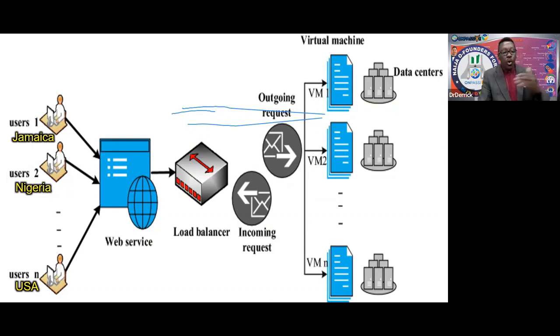Then your outgoing request goes into what is known as a virtual machine, and then from the virtual machine to whichever data center it might apply to. So whether it's Japan, US, or the UK, it goes into that data center, and then the outgoing request is now coming back to you as the incoming request.